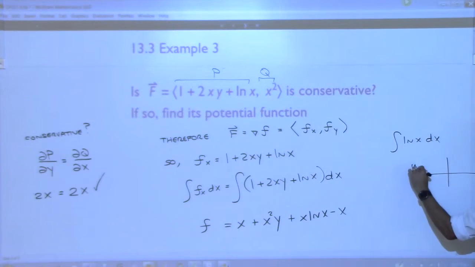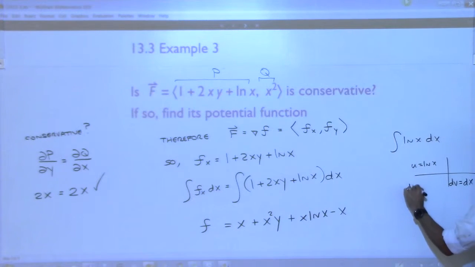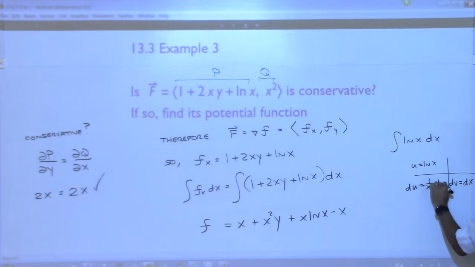You just do u is equal to natural log x, dv is dx. This all depends on how you were taught. You pick your u, your dv, then v is x, and then u v minus integral of v du, and it'll work out. This all becomes this. That's how it's done.